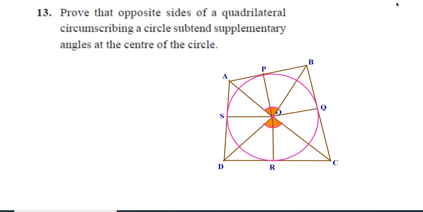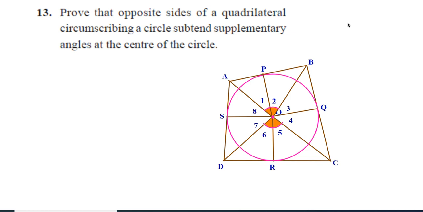Now number all these angles as 1, 2, 3 etc. Now you have to prove angle 1 plus angle 2 plus angle 5 plus angle 6 is equal to 180 degrees, instead of AOB plus DOC.